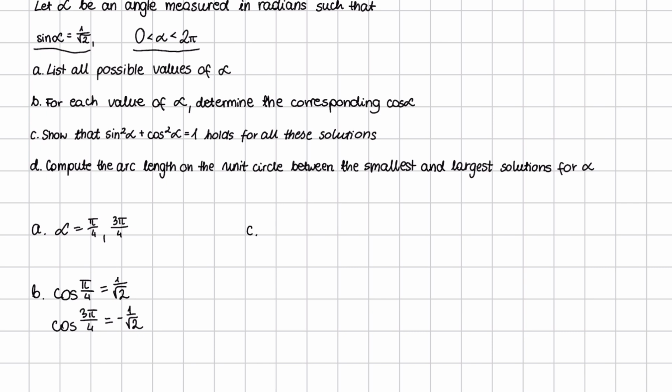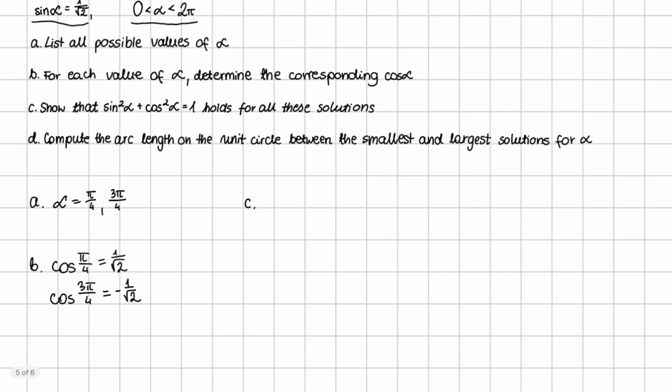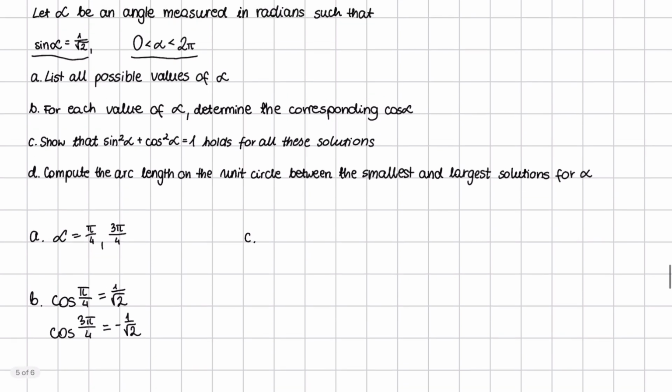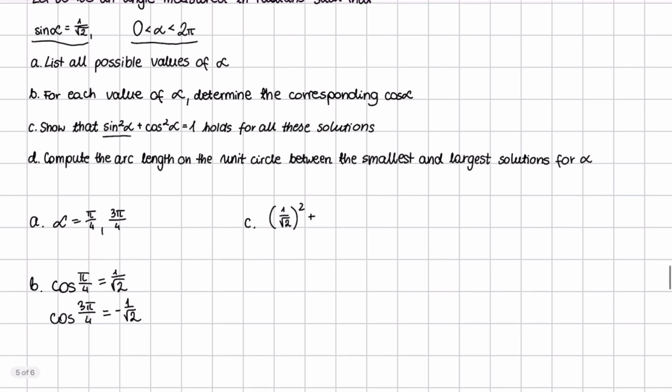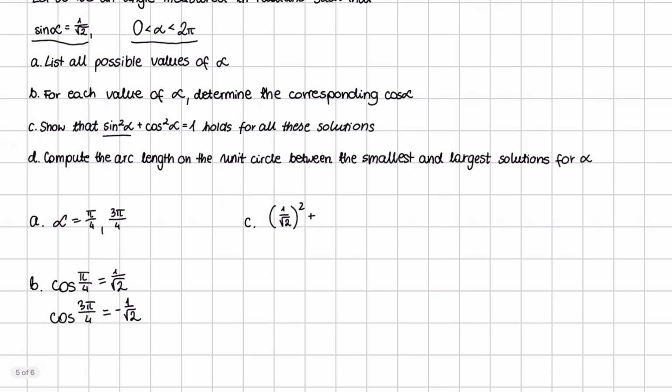So all we have to do is just to substitute sine and cosine. So first in our identity equation is sine, so our 1 over square root of 2 to the power of 2, and then we have two values of cosine.